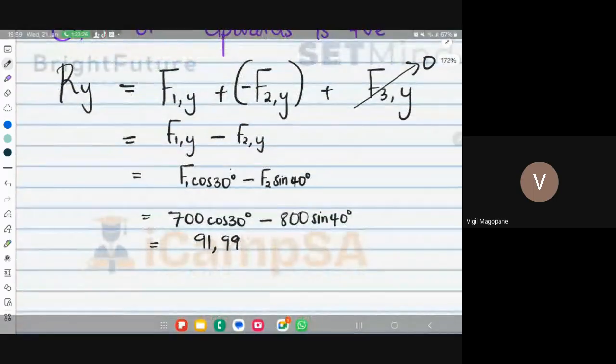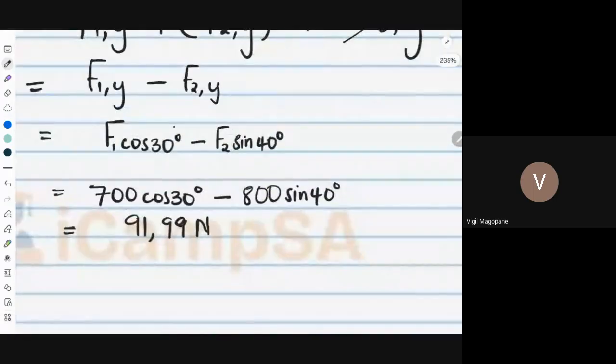It's newtons. Remember, we're dealing with force. So what I'm trying to show you is never forget your units. If you do, you won't get full marks. Sometimes you get the right answer, but you just forget units.